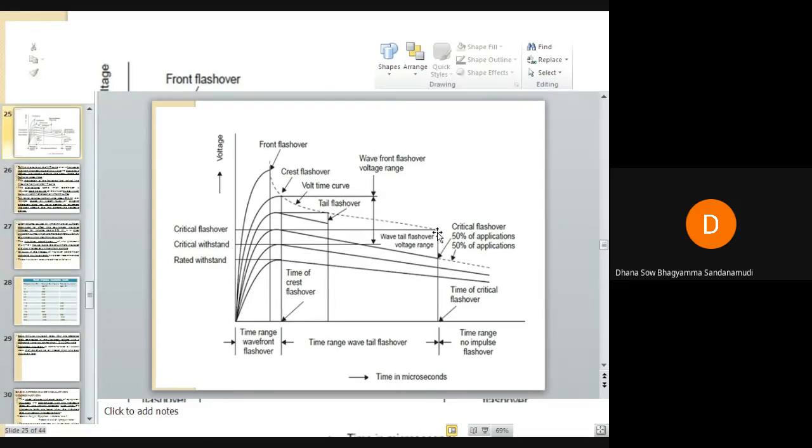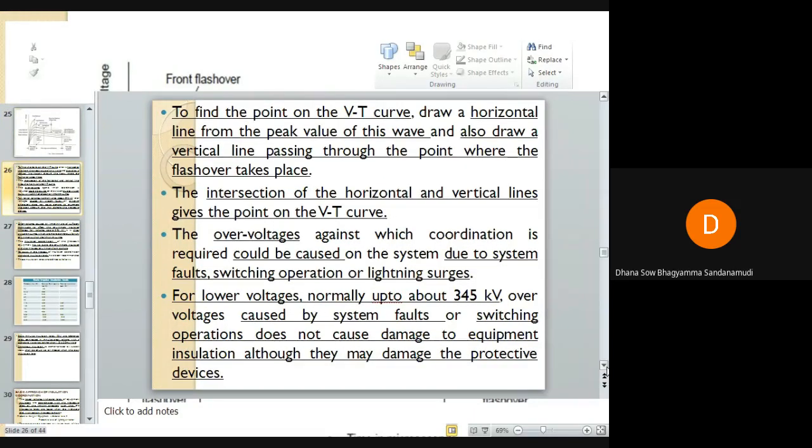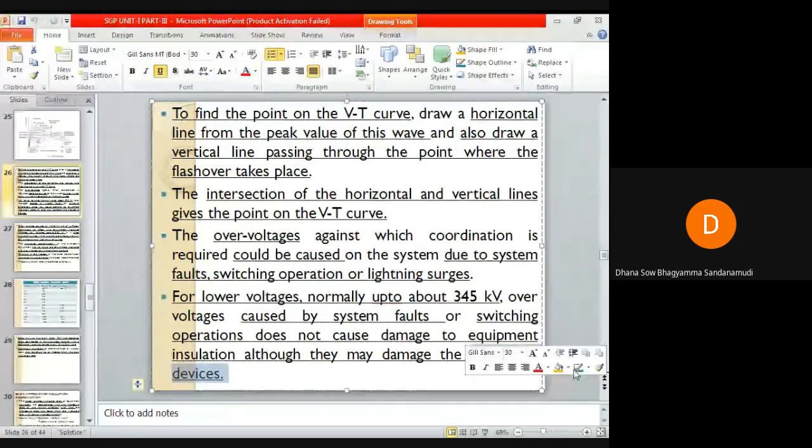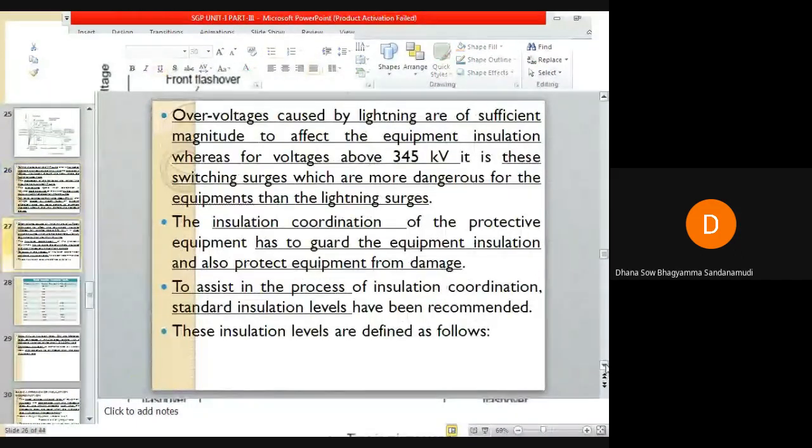The equipment insulation will not be damaged due to these faults, but it may damage the protective devices. Overvoltages around 345 kilovolts may damage the protective devices instead of the equipment, because the equipment is provided with proper insulation.